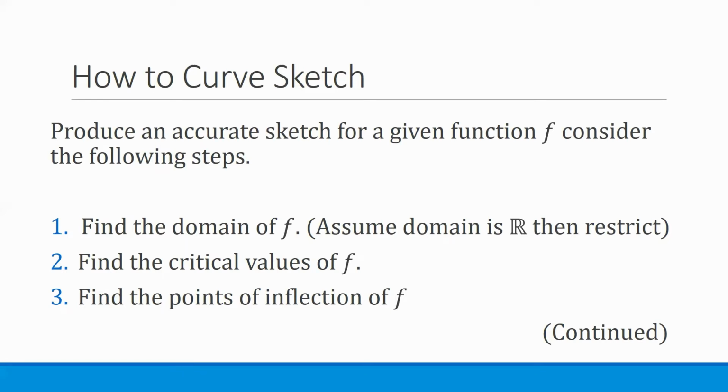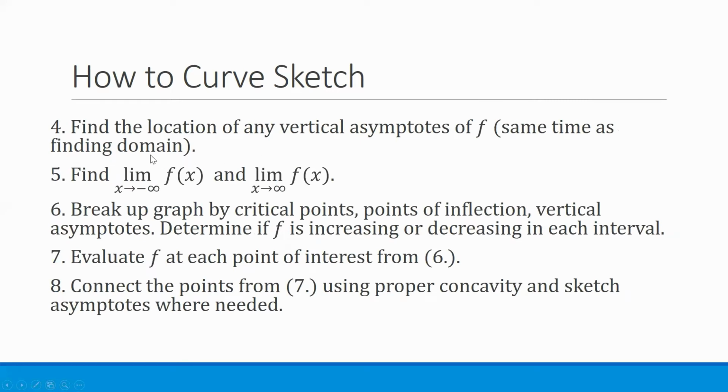Third, we find the points of inflection of our function. Points of inflection are where the second derivative is 0 or does not exist. And this tells us where the concavity would change or could change. Now, as you're finding the domain, you're going to want to think through where vertical asymptotes of our function could be.